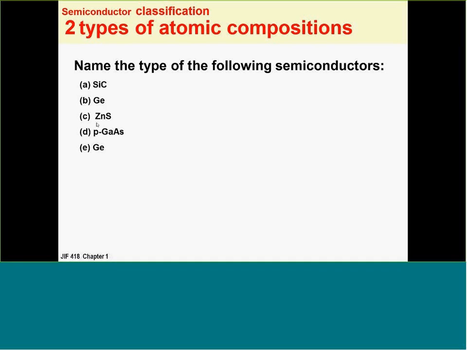Zinc sulfide, since there are two elements in it, this is a pure compound. But this is P germanium arsenic, P gallium arsenide. So P means it's P-type, so this is an extrinsic semiconductor. And of course, Ge, since there's only one element, this is elemental.